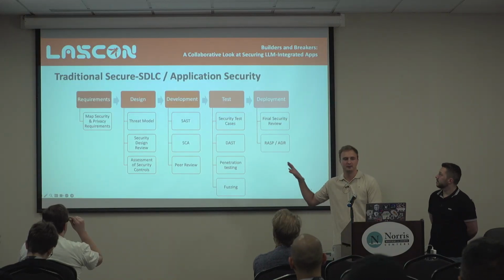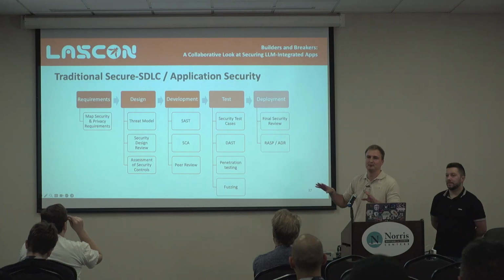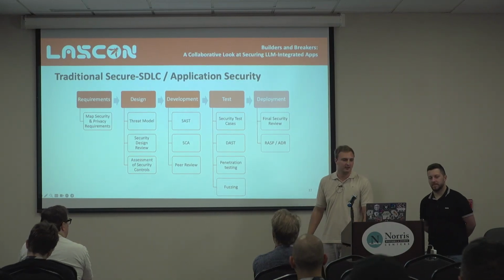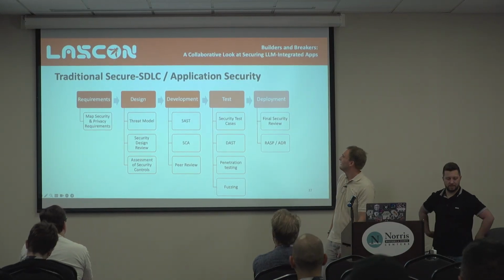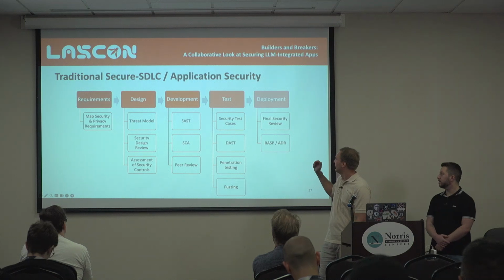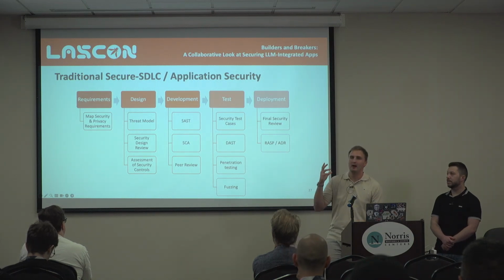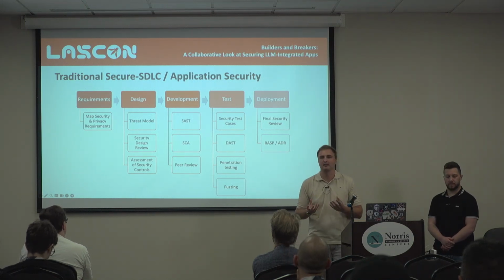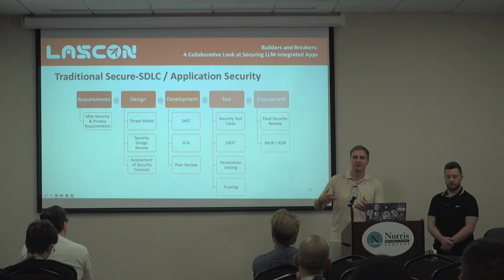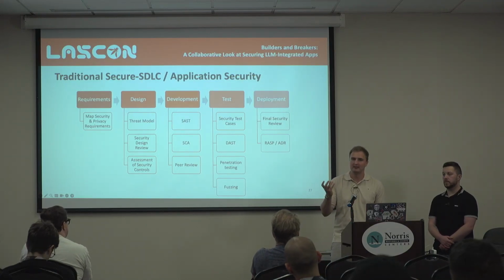Let's take a look at the traditional secure SDLC that we used to do for many years, like SAST, SCA, DAST, RASP. And now let's look at how this is impacted when we build LLM-integrated apps, what we have to focus on, and which controls are slightly changing or enhanced by new activities.